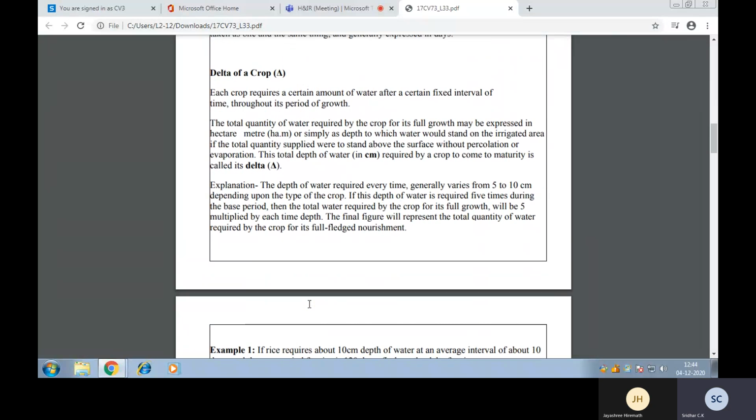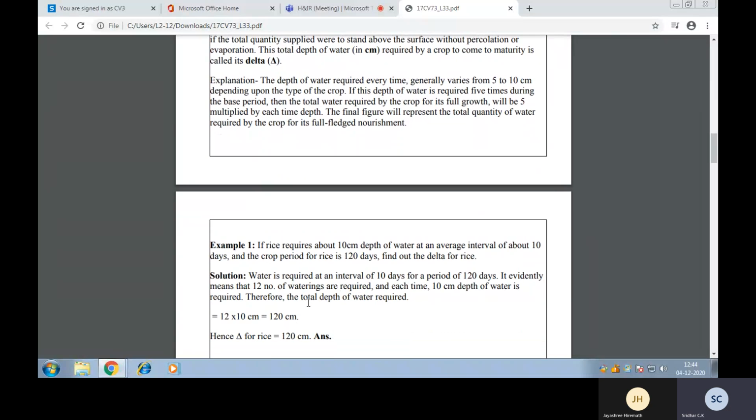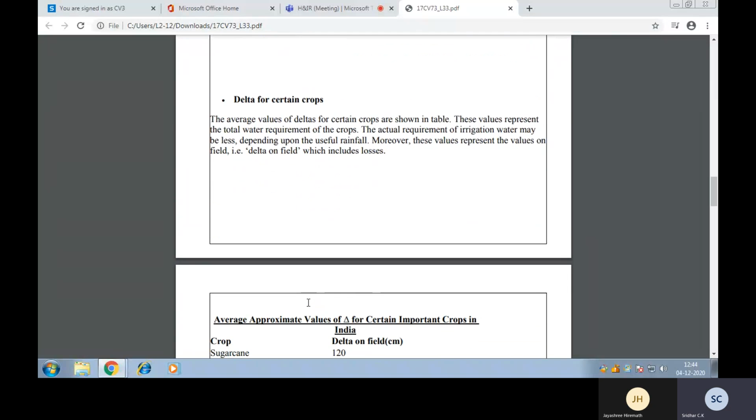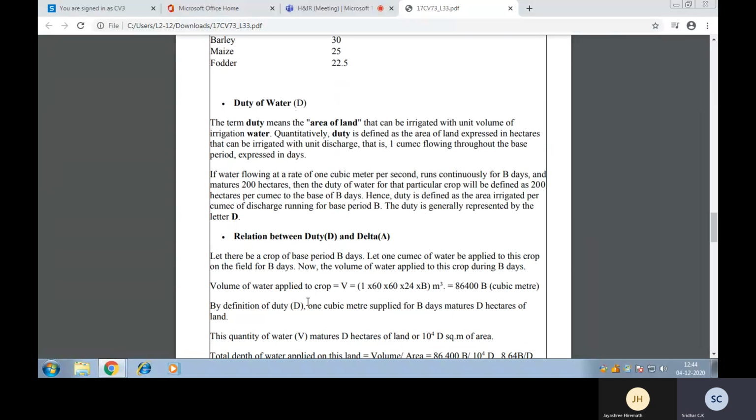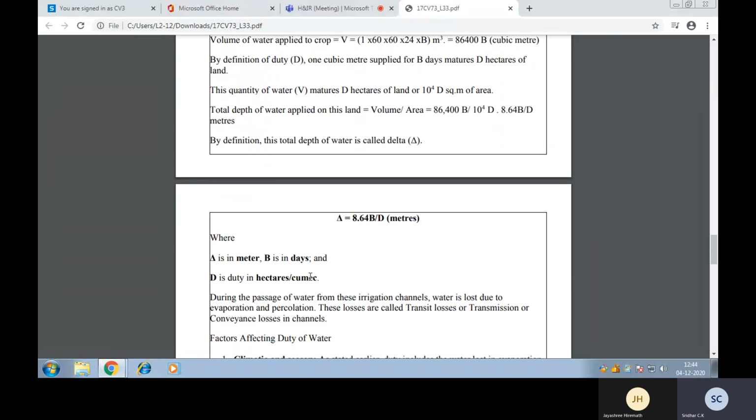Delta is the total depth of water required for the growth of the crop, and duty is the efficiency of 1 cubic meter per second of discharge, that can irrigate a particular area of land. We found some very simple relations between delta and duty.